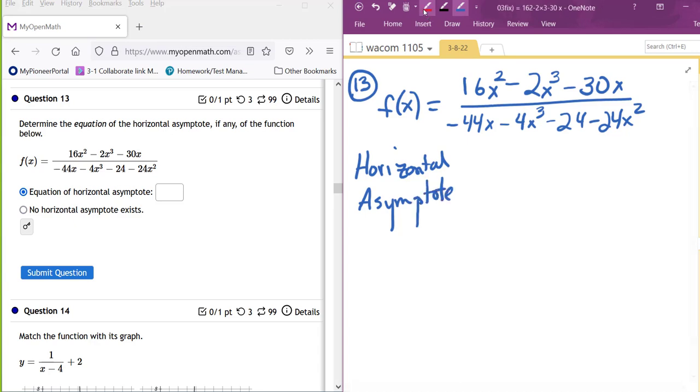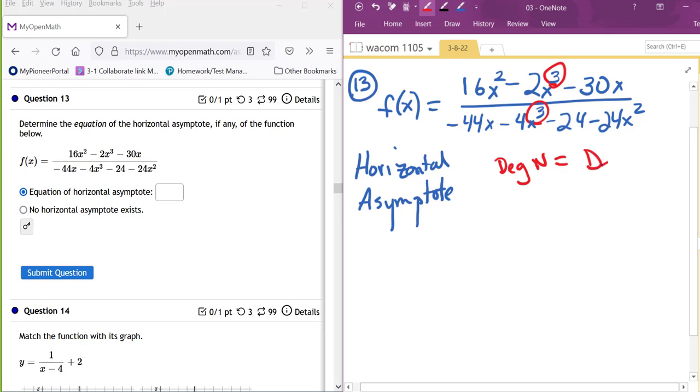Right, so all we care about is degree of the numerator. So you have a 3, and degree of the denominator, 3. So this time they're equal. And when you have that case, you're going to use the leading coefficients.